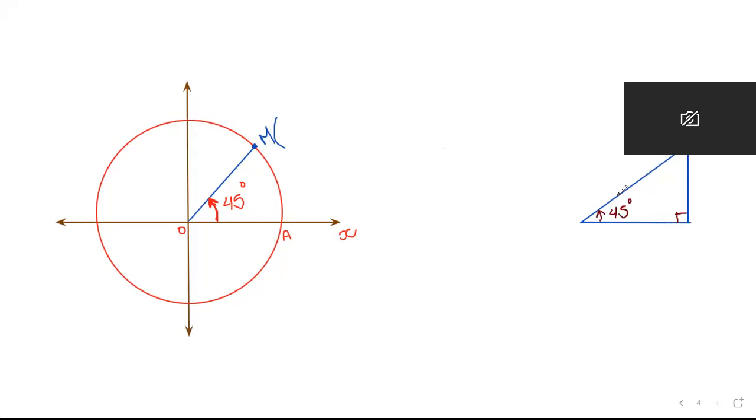If this acute angle is 45, how much is this angle? That's right, both of them are 45 degrees. The length also should be equal. If one length is 1 unit, of course the other length has to be 1 unit. And you use the Pythagorean theorem, you see that the hypotenuse is going to be square root of 2.